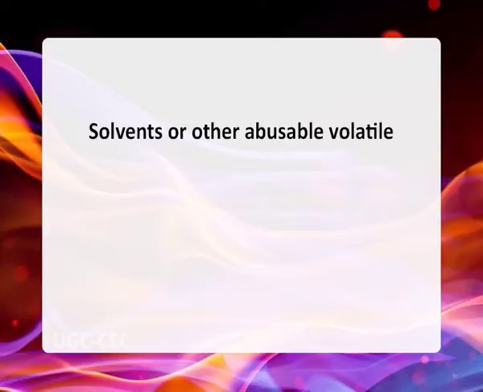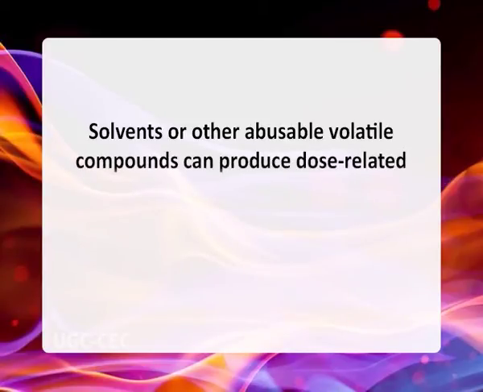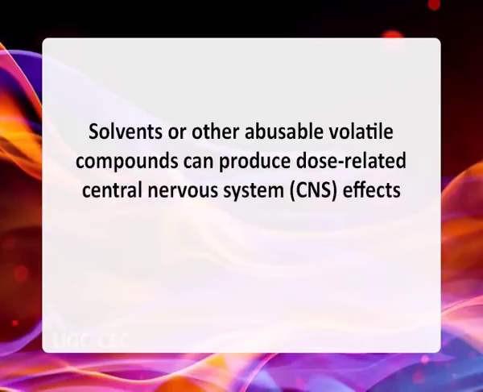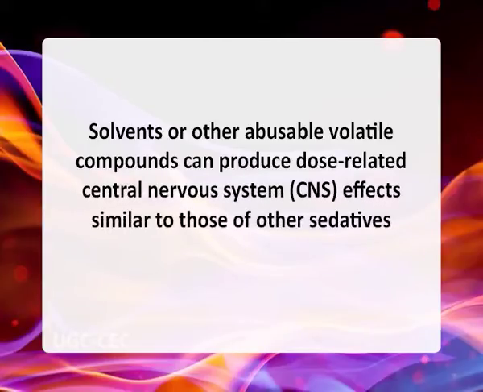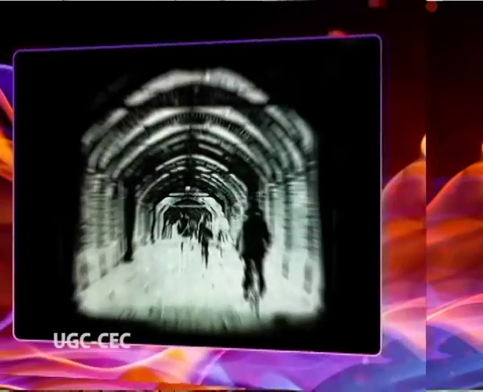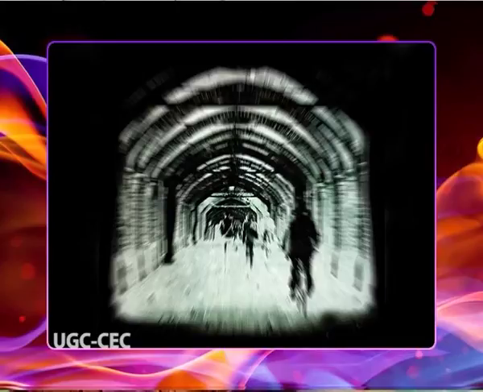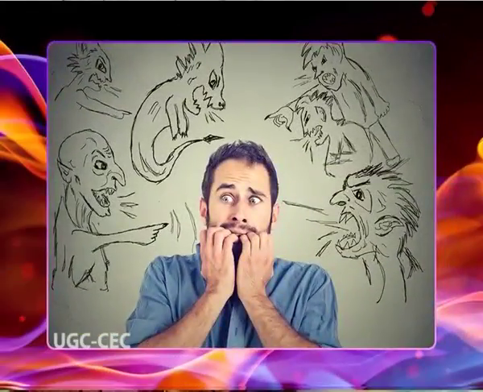Solvents or other abusable volatile compounds can produce dose-related central nervous system effects similar to those of other sedatives. Small doses can lead to euphoria and other behavioral disturbances and may also induce more profound effects such as delusions and hallucinations.